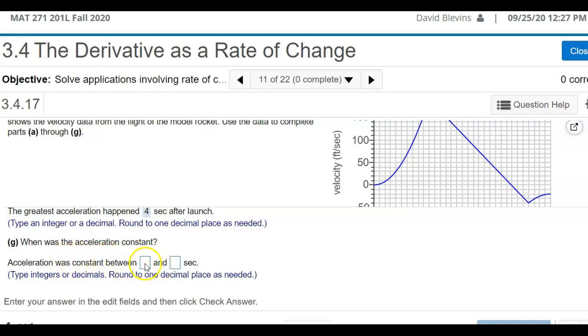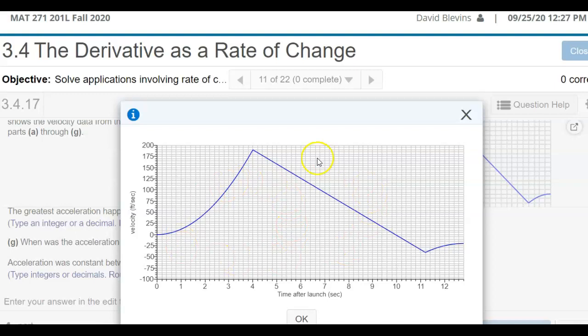So the greatest acceleration happened 4 seconds after launch, right as the rockets cut off. Constant acceleration, again, the derivative of velocity. The derivative of this thing is acceleration. So the tangent line slopes are changing all through that parabolic looking start to this. So we're getting different tangent line slopes all through here.